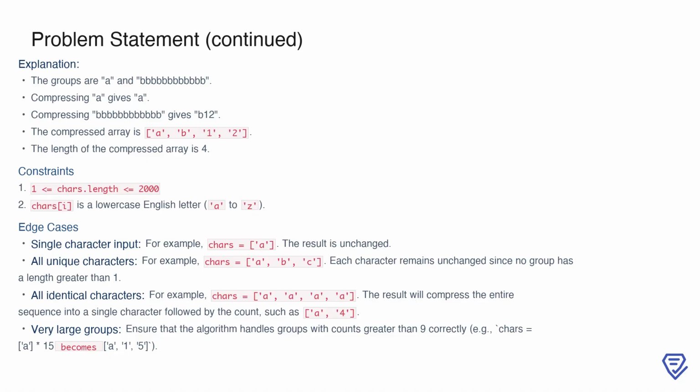On the other hand, arrays with all identical characters, such as four A's, will compress to A, 4. Additionally, very large groups, such as 15 consecutive A's, must be handled correctly by splitting the count into individual digits, resulting in something like A, 1, 5. These considerations ensure that the algorithm is robust enough to handle a variety of scenarios efficiently and correctly.